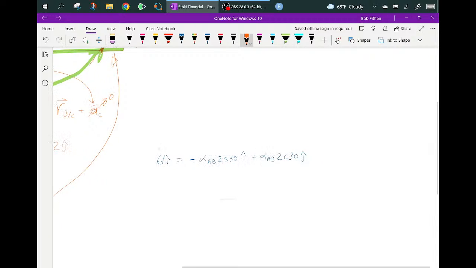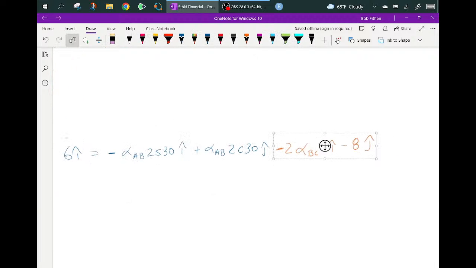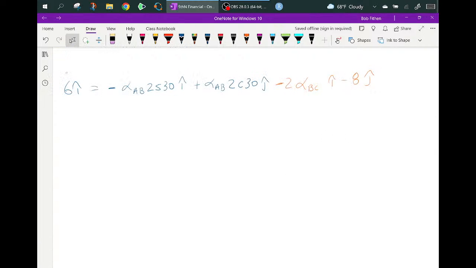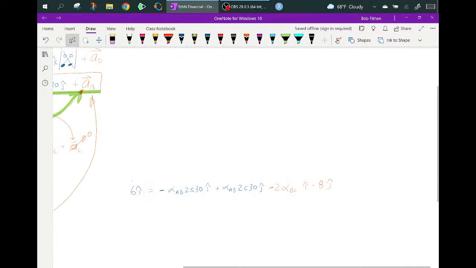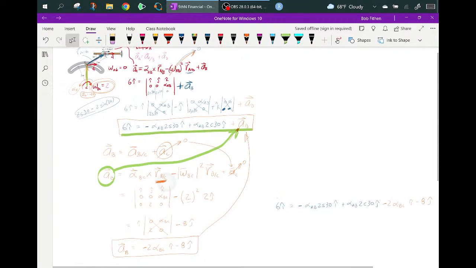Do a copy. I'm going to drop it about right there. Move it up a little bit. And this is the equation I have. So again, taking a close look at what I just did.